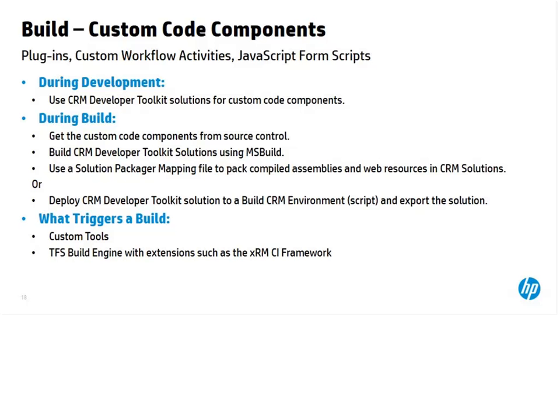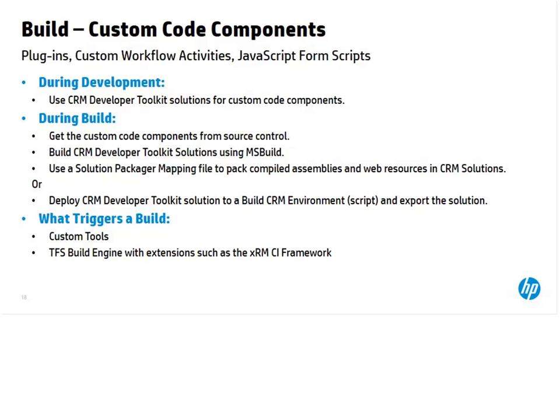So then these custom components need to make it into a solution file, and you have two options. If you're using the developer toolkit, you can deploy, and this is a little bit more of the old process, your CRM developer toolkit solutions to a build CRM environment, and then export that solution, and then you have a deployment package.